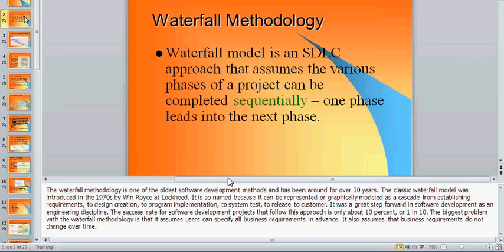Even knowing the cons, knowing that the success rate is only 10%, remember, the companies understand that the success rate can be improved upon if they follow the methodology properly. So it is up to them whether they can be successful with waterfall or not. And that is also one of the reasons why people and companies still prefer waterfall to any of the other models. Is that clear to everyone?